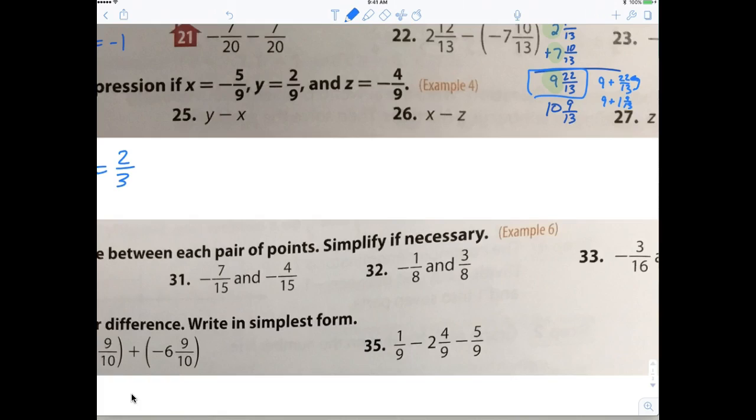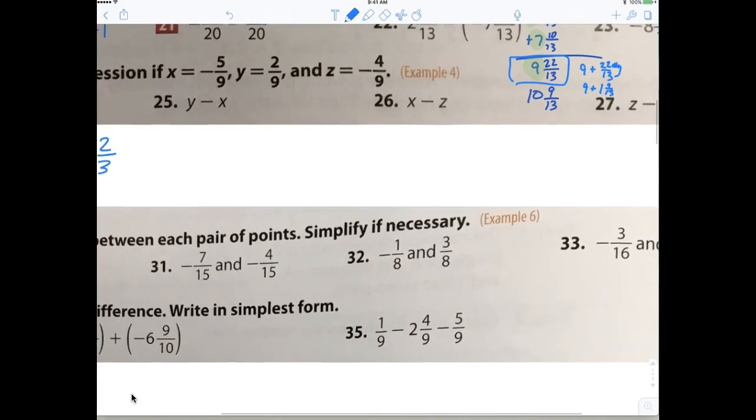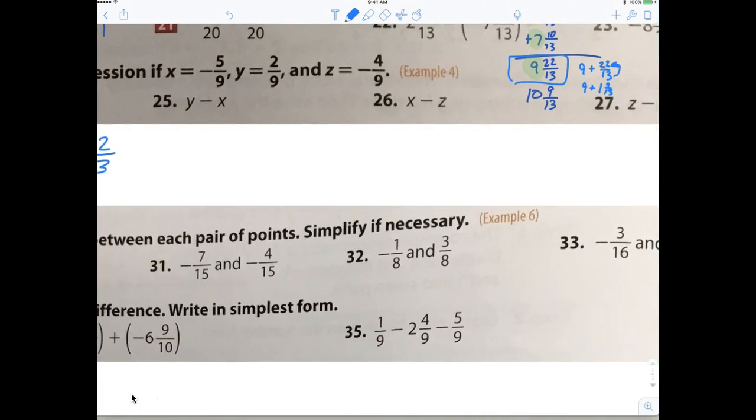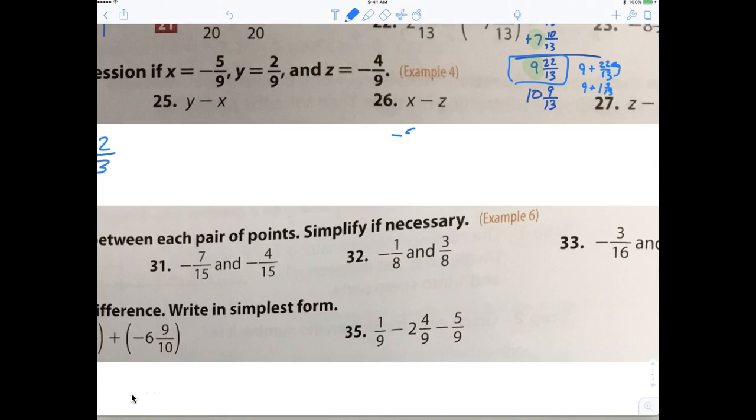Well, you can look up on my board if you want. That's okay. You can look up. You're okay. Don't worry about it. Let's just do it together. What's x? x is -5/9. You're awesome.